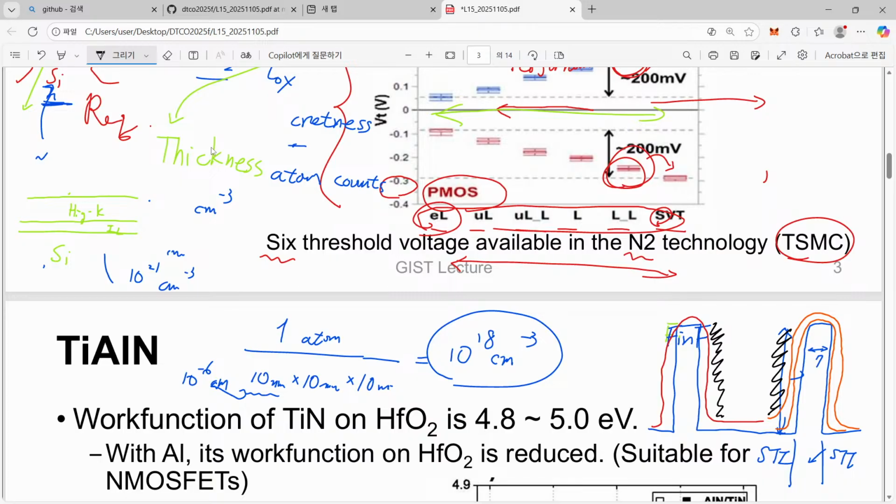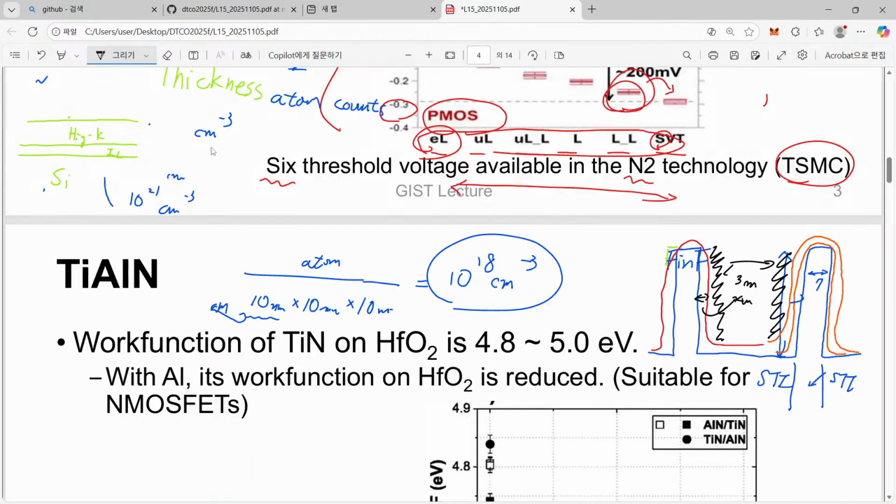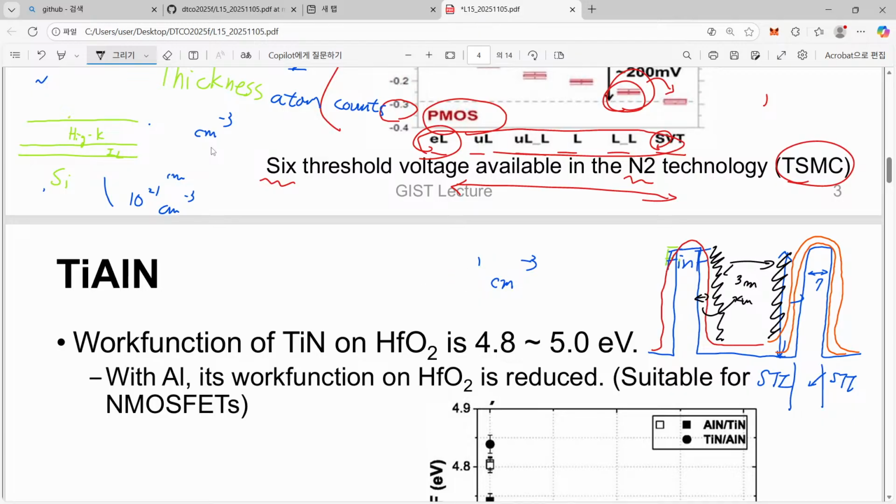We must do that, but the thickness of this entire high K stack is at most 3 nanometer or 4 nanometer. So still we have much more than 10 nanometer to do something. That was the situation in our FinFET. However, now you understand we have already migrated to the nanosheet MOSFET.